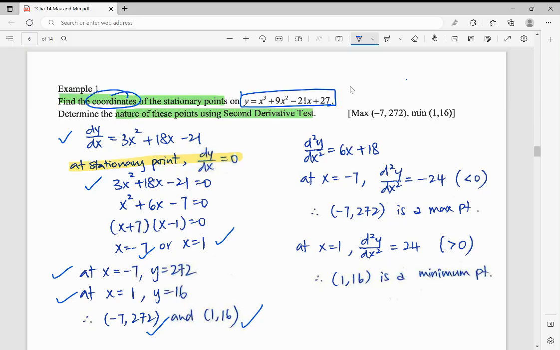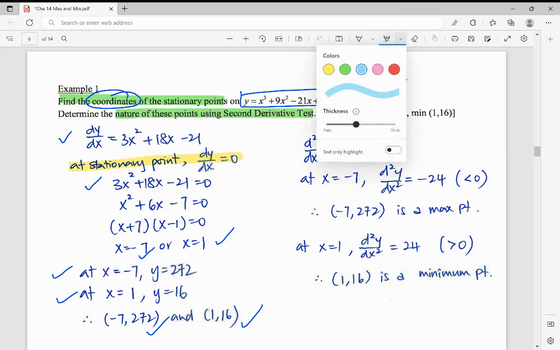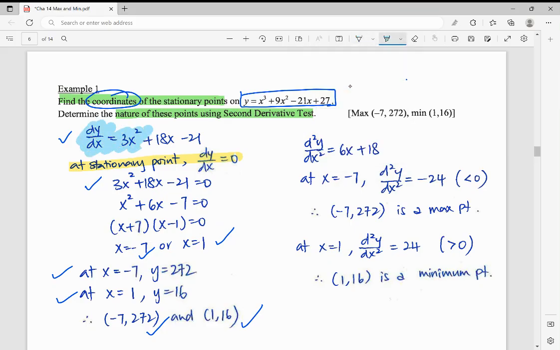Now the second part says I need to use the second derivative test. Using my dy/dx, which is this one here, I will differentiate again, and that will be my second derivative. When I differentiate again, I get 6x plus 18. My stationary points happen at x equals -7 and x equals 1.